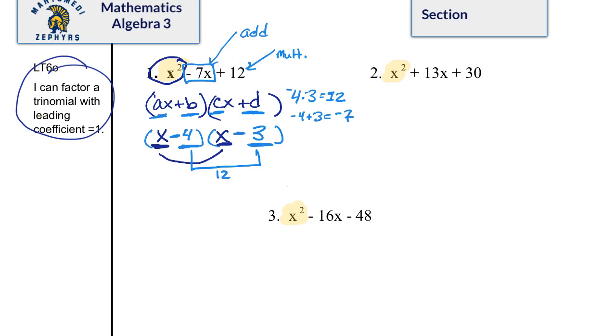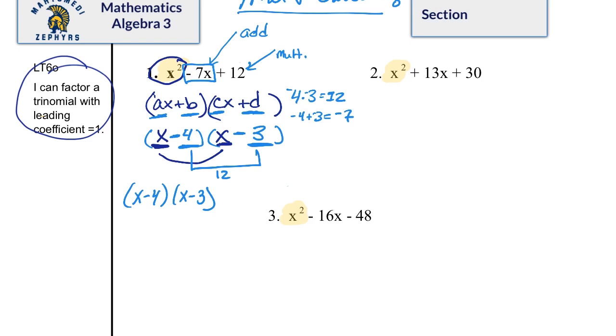So those are my two terms, and that is my solution: x minus 4, x minus 3. Some people call this method trial and, say it, success. We wouldn't want to try until we err. Remember, it's okay to chuckle a little bit and laugh a little bit while you do math.